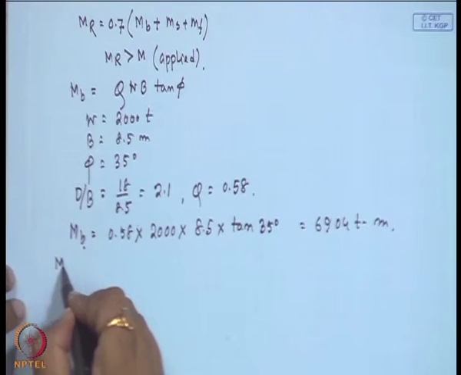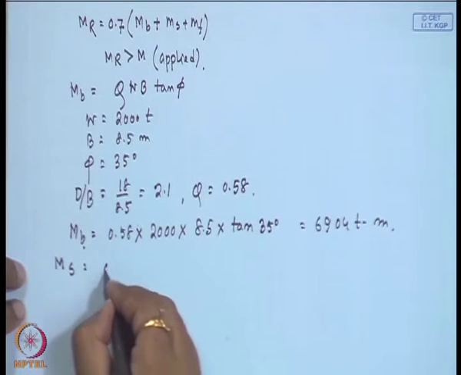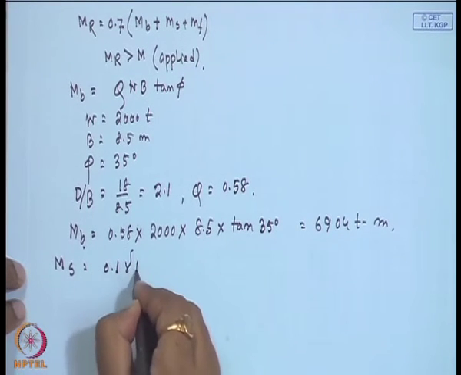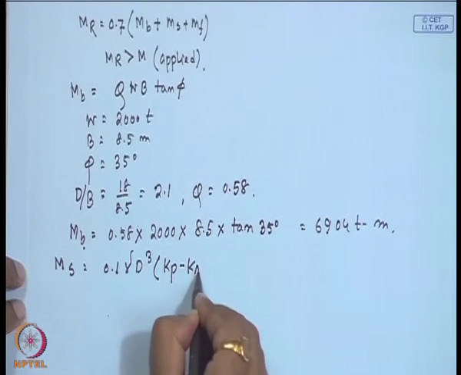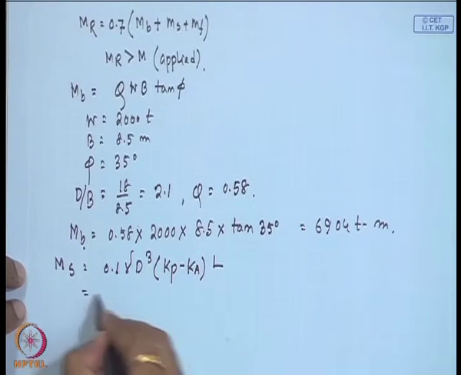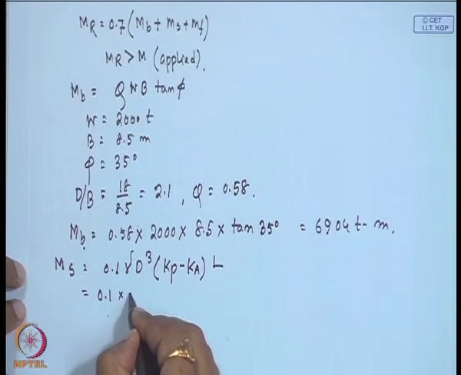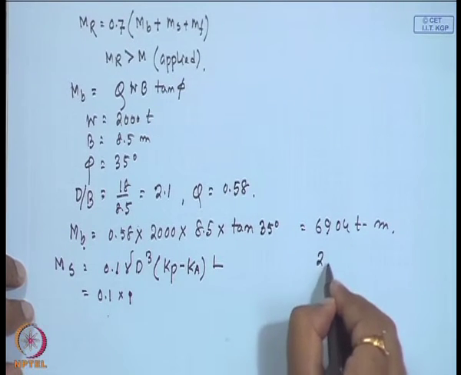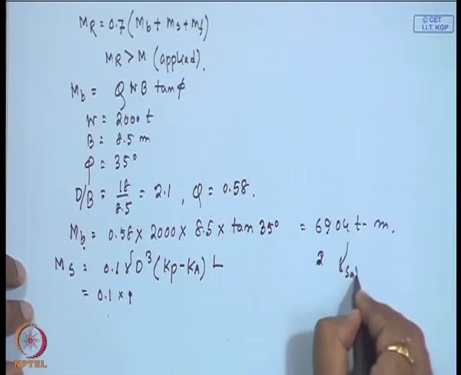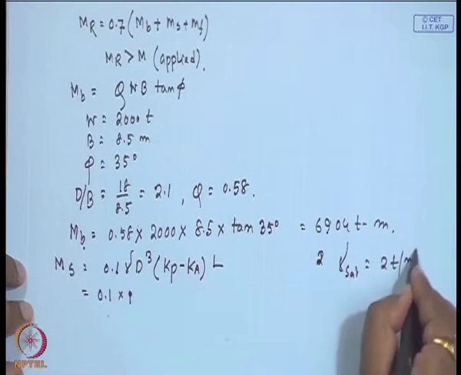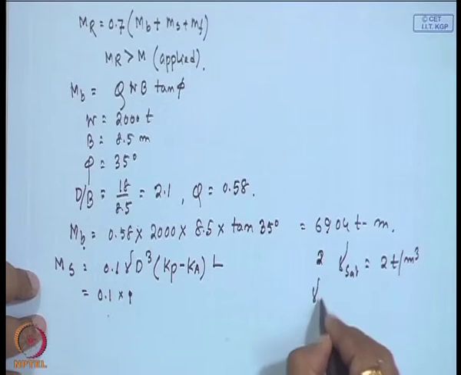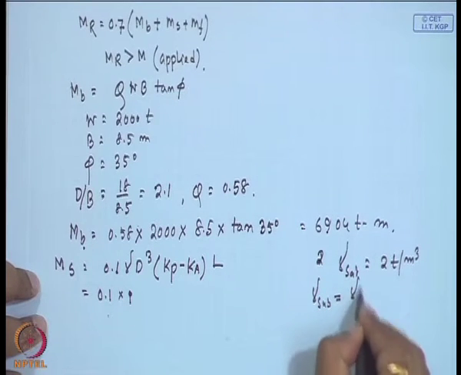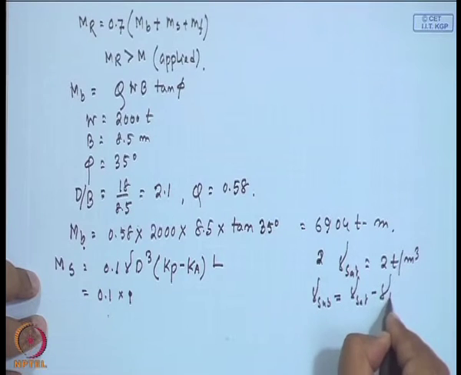Similarly, M s is 0.1 gamma d cube into K p minus K a into L. So, this is 0.1, gamma is given as 1, because gamma sat is given as 2 ton per meter cube, and gamma submerged you have to consider because it is below soil. So, gamma sub is equal to gamma sat minus gamma water.